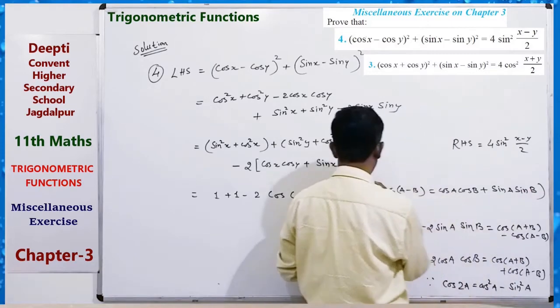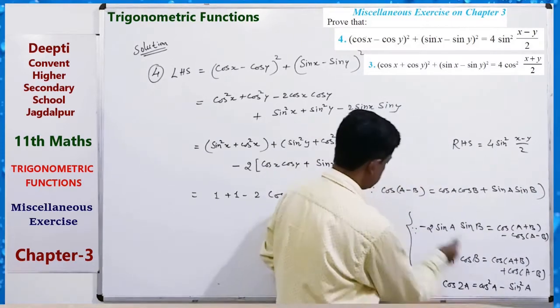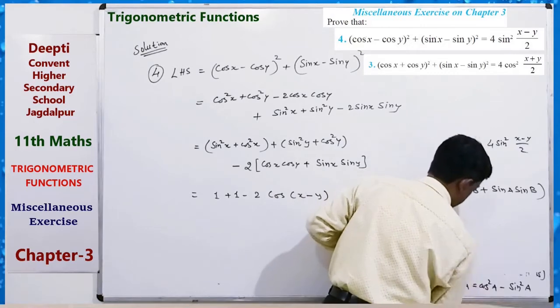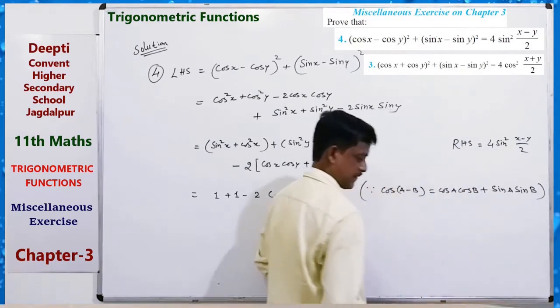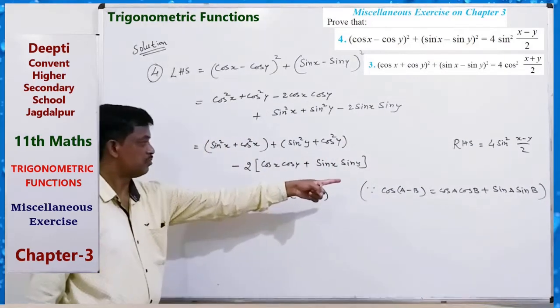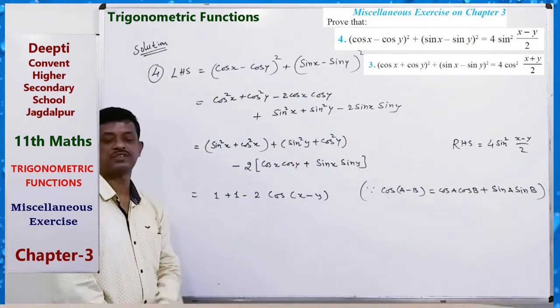This is the formula. So by using this formula we get cos(x minus y).